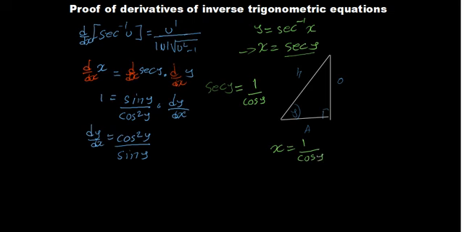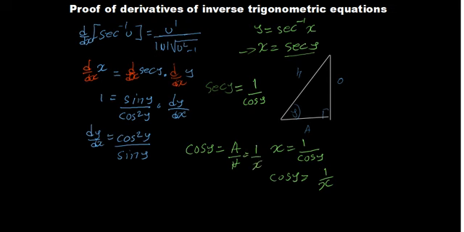So meaning cos y is equal to 1 over x. Remember, cos y or cos theta is equal to adjacent over hypotenuse. So us having 1 over x means the adjacent is 1 and the hypotenuse is x.